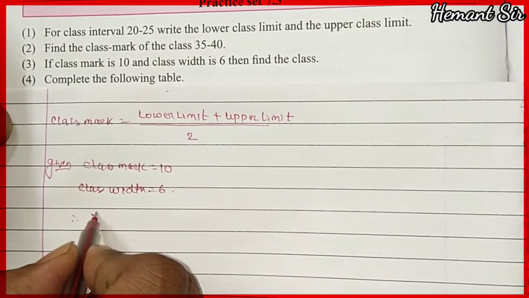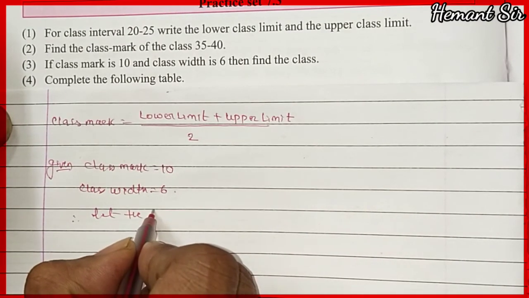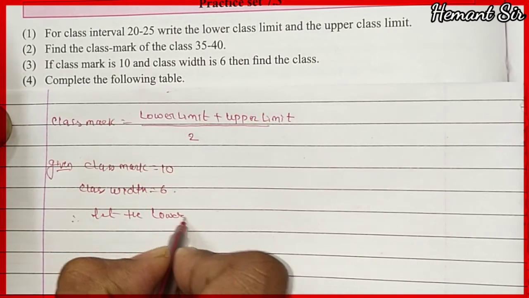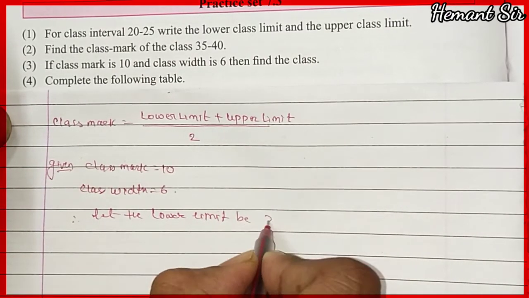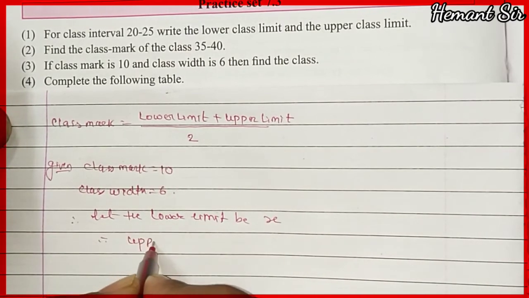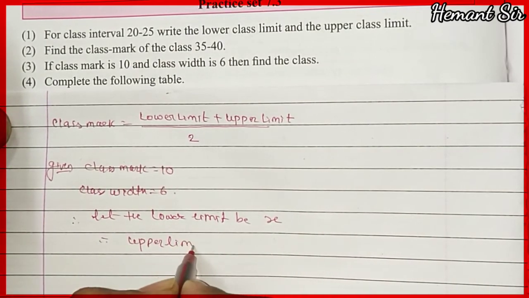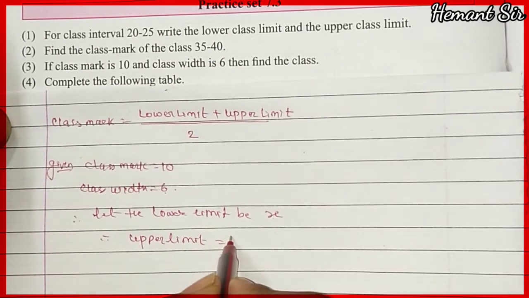Let the lower limit be x. Therefore the upper limit will be 6 plus x.